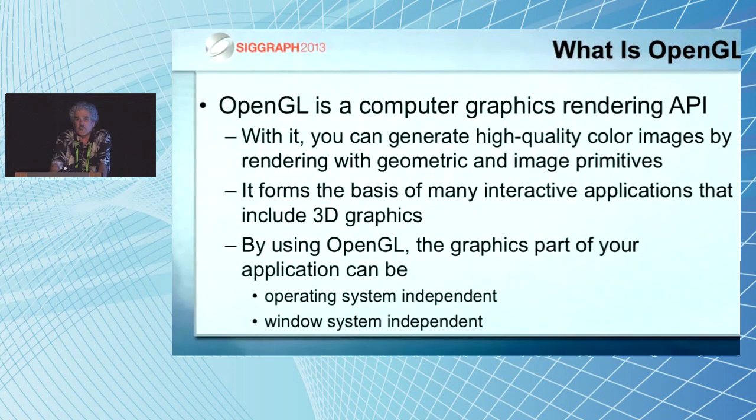Okay, so what is OpenGL? And I think it's important here to understand that OpenGL is concerned just with rendering. It's concerned only with the graphics part of what you do in an application. It's not concerned in itself with the input. It's not concerned with the windowing system.